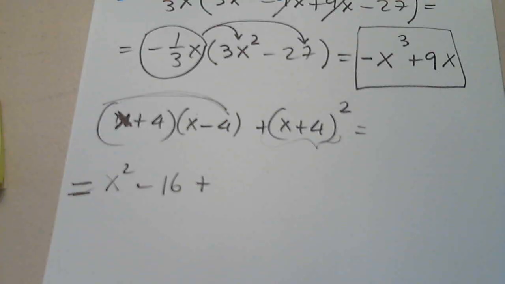When we square a binomial, how many terms do we get?